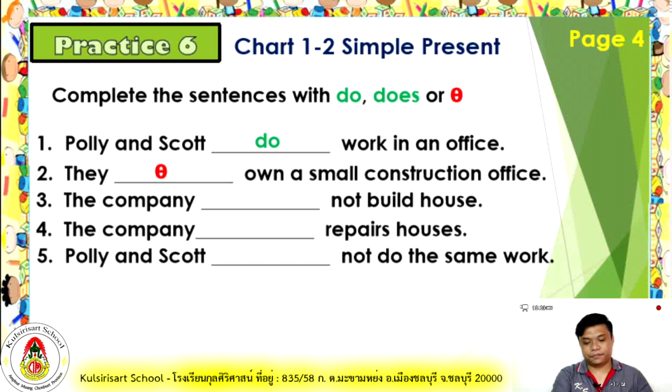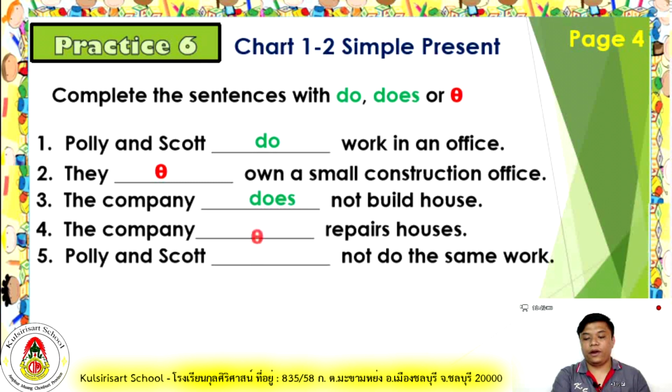Number 3. The company. We are referring about a company. This is singular. So this could be a third person singular noun. What would be the answer? The company does not build house.